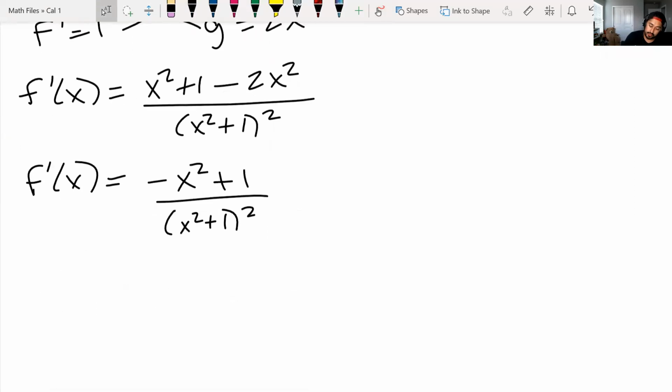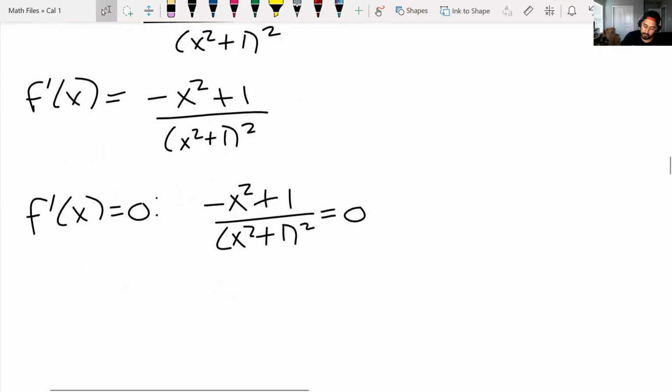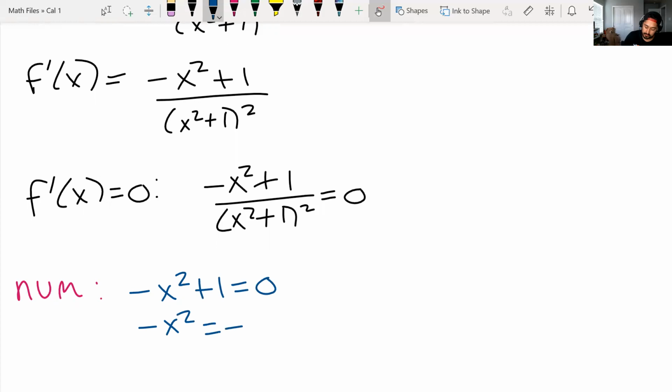All right, there's the derivative. Now we set it equal to 0. Negative x squared plus 1 over x squared plus 1 squared equal to 0. Remember this one, since it's rational, we'll get a piece from the numerator, which means I get negative x squared plus 1 equal to 0. Negative x squared equals 1, x squared equals 1.